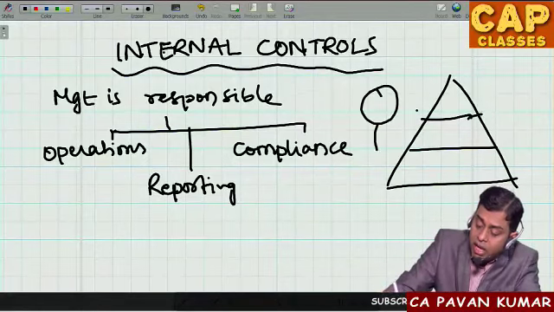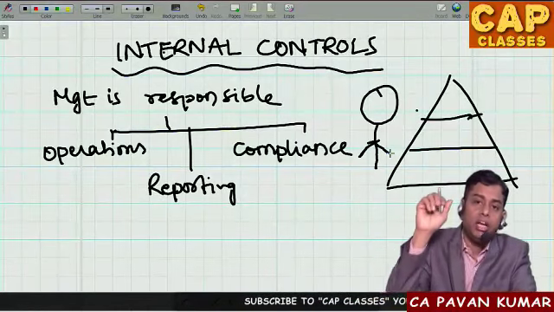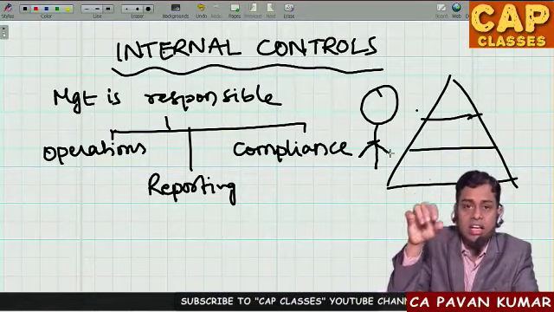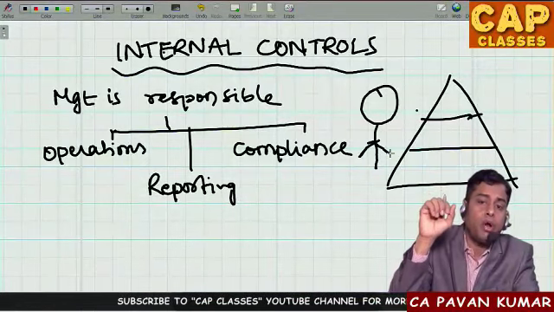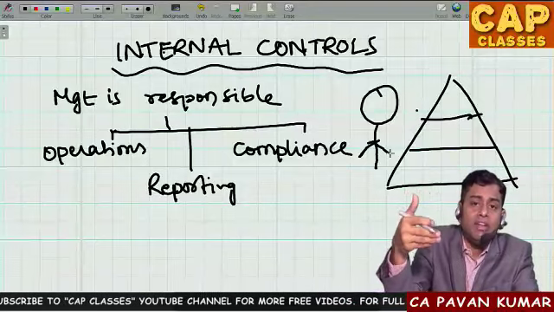Take one manager. Now the question is, is he fulfilling his responsibilities properly? Usually, what are the responsibilities of managerial level people?